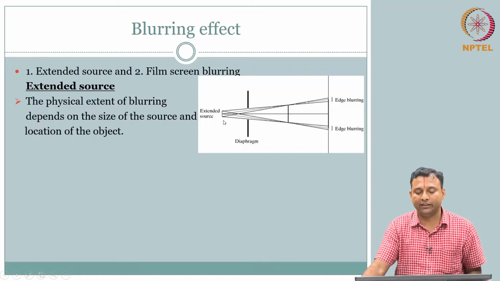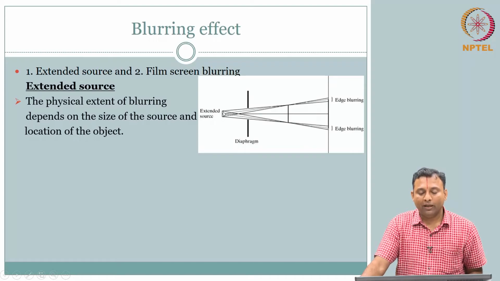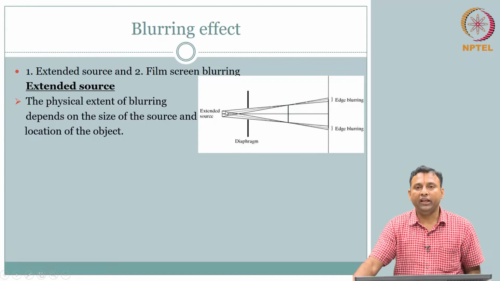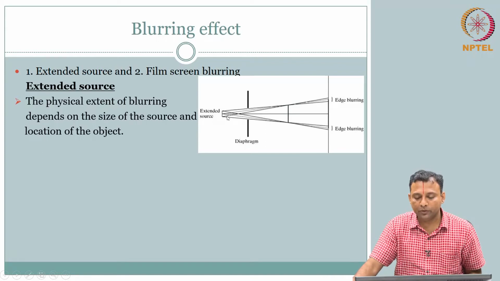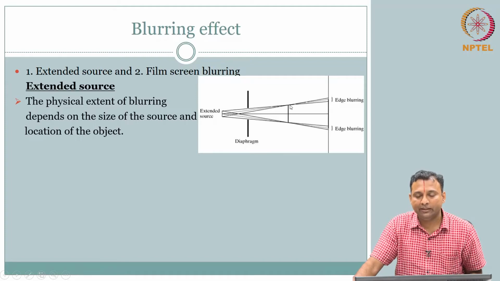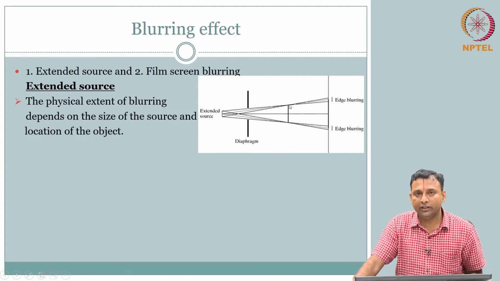So, it has become a line. Here you see that the same edge is caught from here, or caught from here. So, one edge is caught by the extended source.